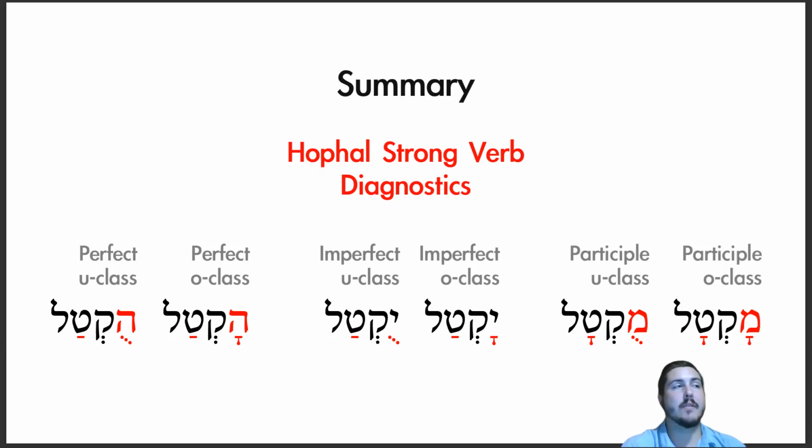Imperfect: still have the kibbutz. You have the A class, the O class vowel, but you still got that patach and the stem vowel. Participles, mem, it's kind of like we do the Hifil, but you still got the kibbutz, that strong O class vowel in the stem prefix.